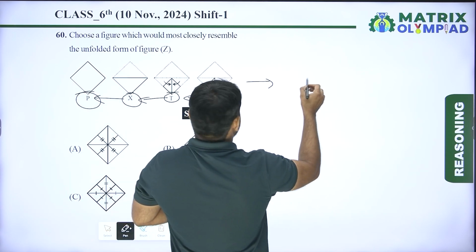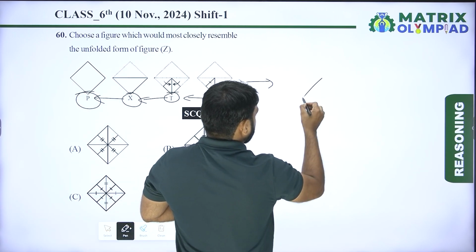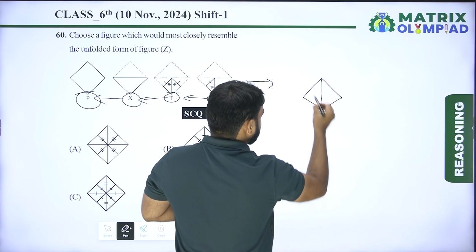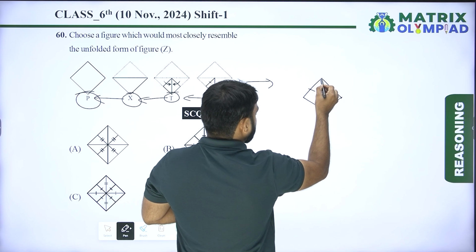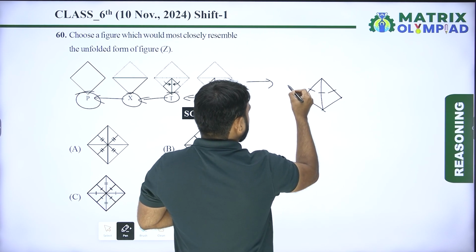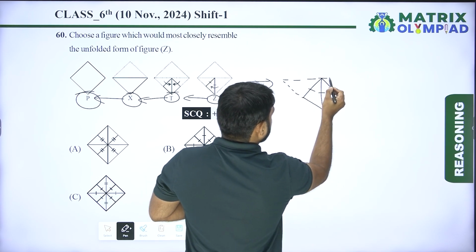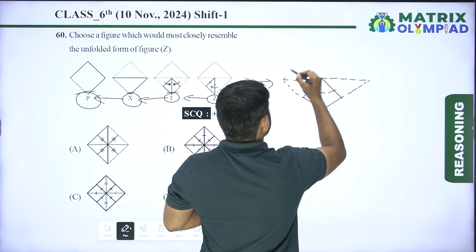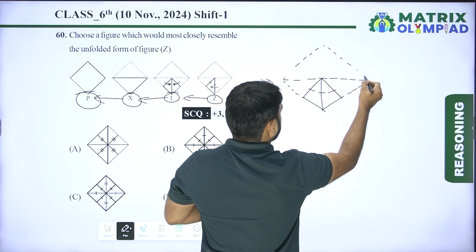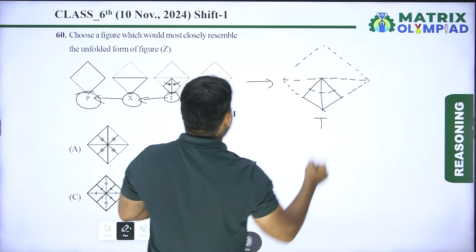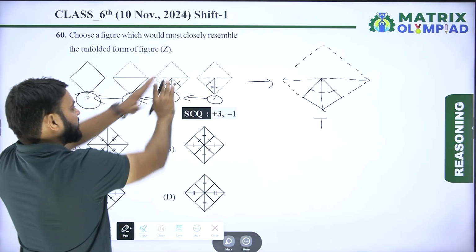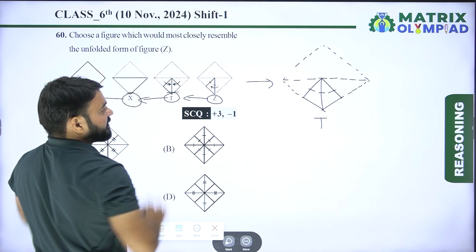Then we get an image like this. This is T. Now unfold the T in this direction, because T has been folded in this direction, so T will be unfolded in this direction.